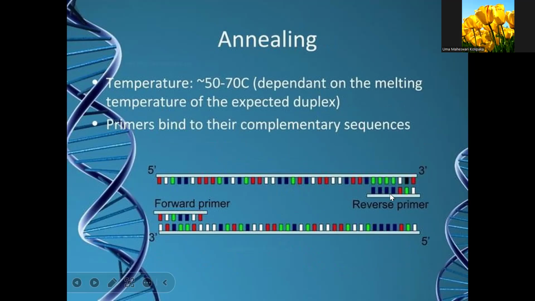Here also, this is the primer. This primer will bind and anneal to this single-stranded DNA molecule. This process is known as annealing, and it takes place at a temperature of 50 to 70 degrees Celsius.